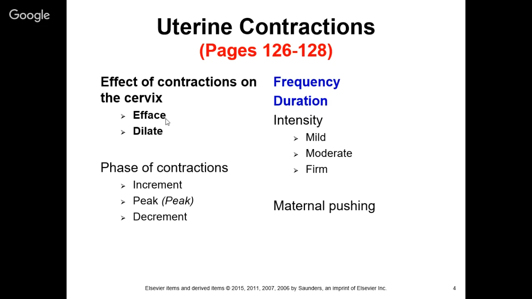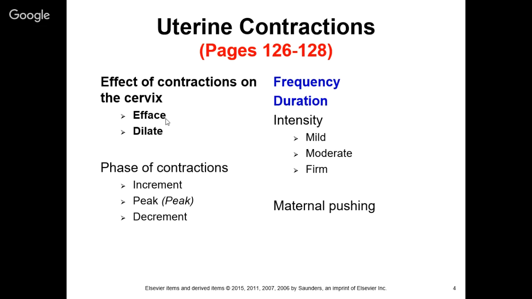So frequency and duration, these are 2 concepts that you need to know. Frequency is how often they're occurring. And we're going to talk about this again in a couple slides. Duration is how long one contraction lasts. So if you have a contraction that starts at 5:05 and it ends at 5:10, that duration is 5 minutes.